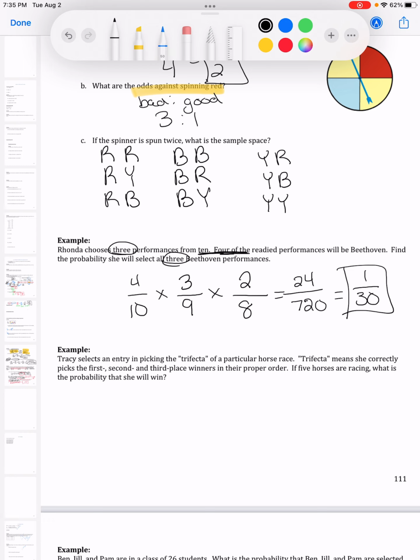So for the probability of being the first place horse, there's only one of those, and there are 5 choices. Once the first place horse crosses the line, there aren't 5 horses anymore. There are only 4 horses. And again, there's only 1 second place. You don't tie. You don't take more than 1 second place. There's 1 of each. And then 1/3. And then typing that in, I'm going to get 1/60.